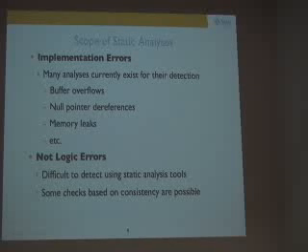So the scope of static analysis tools: what we focus on is implementation errors, things like buffer overflows, memory leaks and things like that. These are things that are basically the developer's fault, and everyone's been tripped up with pointers, even if they don't admit it, or indexes or something like that.